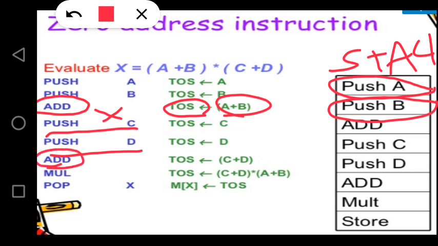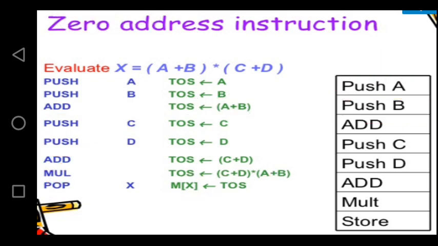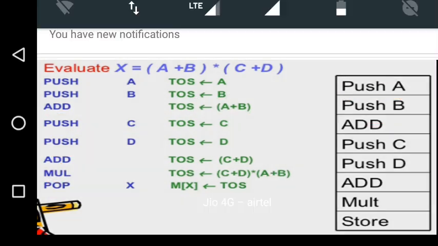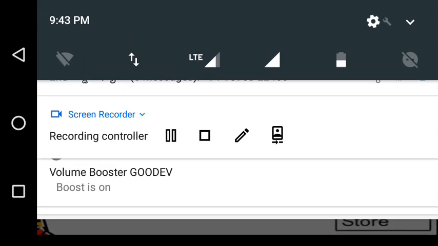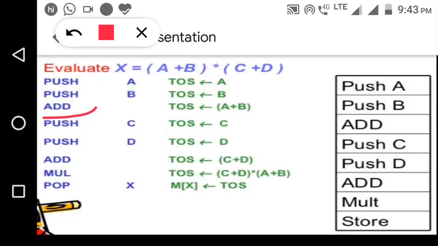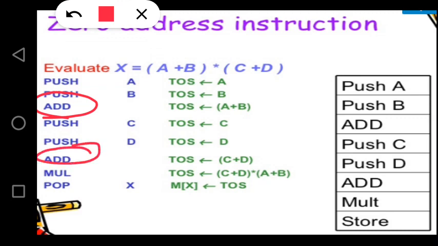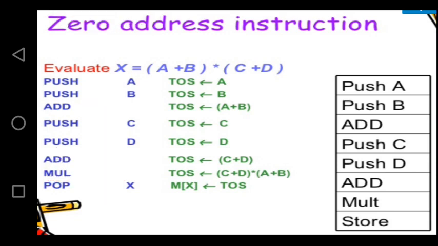Similarly the result is here. Then you do multiplication and finally you will say pop. So this is called stack organization. So where is the zero address instruction? Here: add, multiply, because it has no arguments, no operands. This is about zero address instruction.